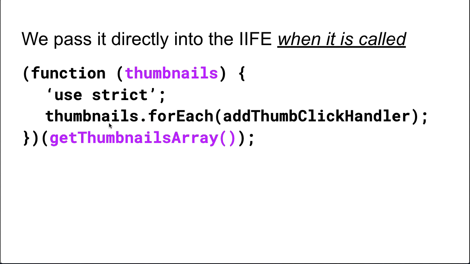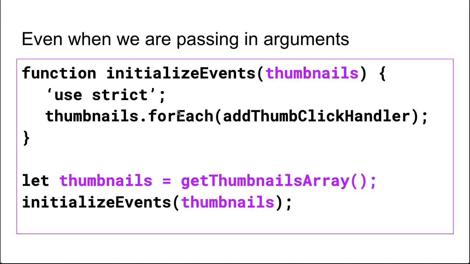So all that this does is make sure that we're only running this function right when we need it, instead of defining it in advance. If you didn't know where your thumbnails were, or you had other kinds of stuff going on, you might only want to define this function when you're actually loading your page, like when you need to run this function.